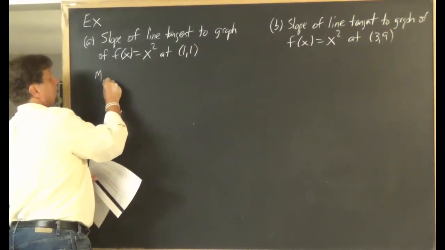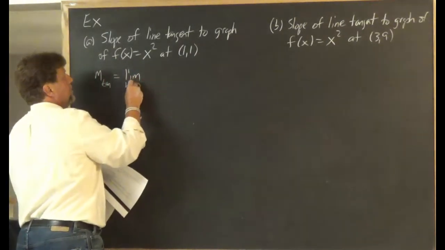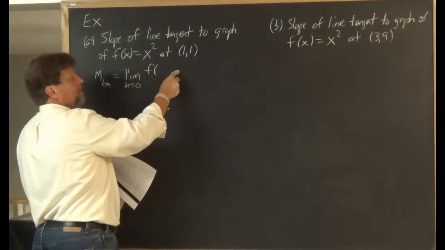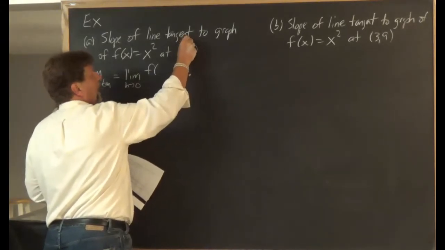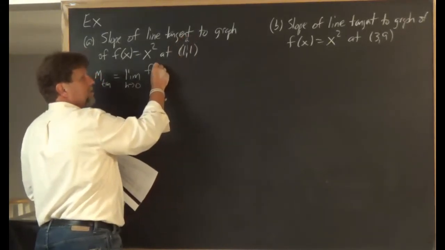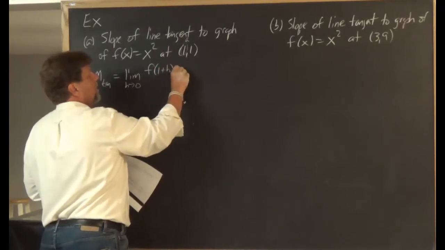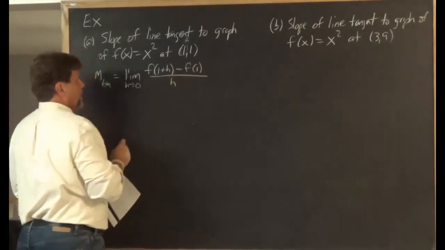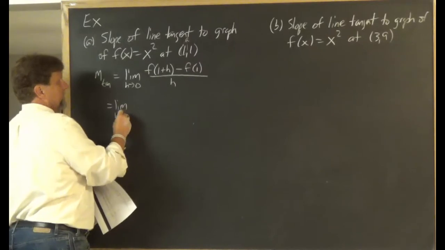The slope of the tangent line equals the limit as h approaches 0 of f of a plus h. Well, there's my a value, so let me just write that in. Instead of a plus h, let me write 1 plus h minus f of a all over h. So this is the limit as h approaches 0.